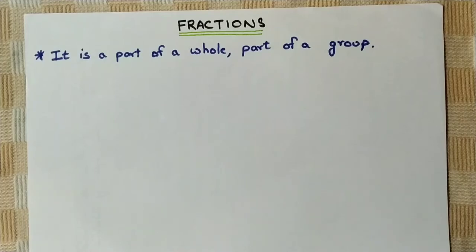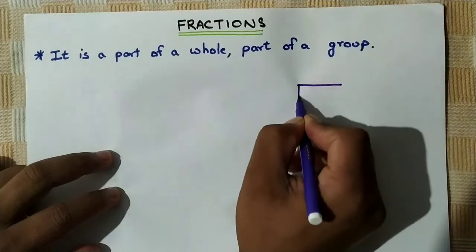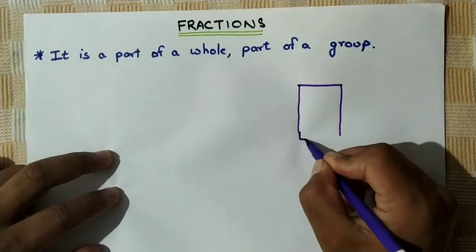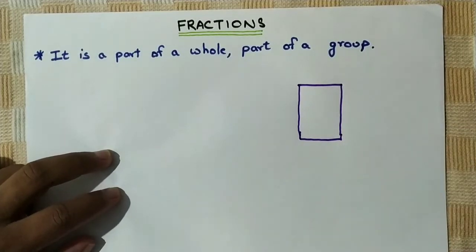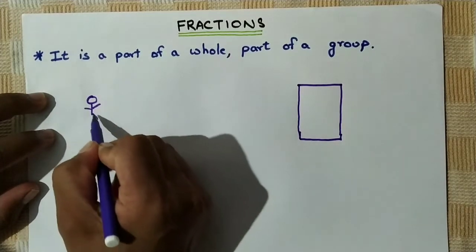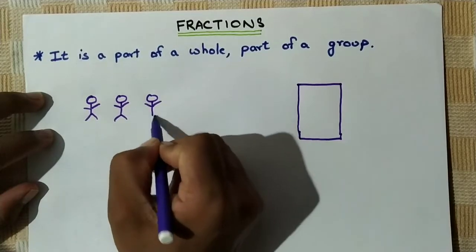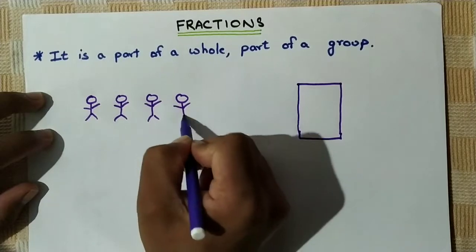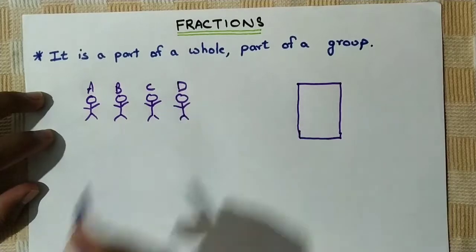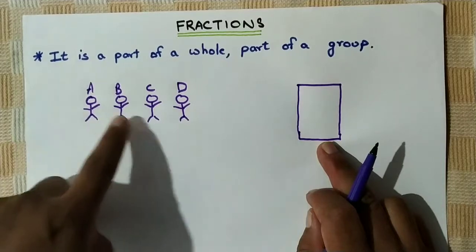Now let's take an example of a chocolate bar, and there are four people: A, B, C and D. Now this chocolate bar has to be equally distributed among the four people.